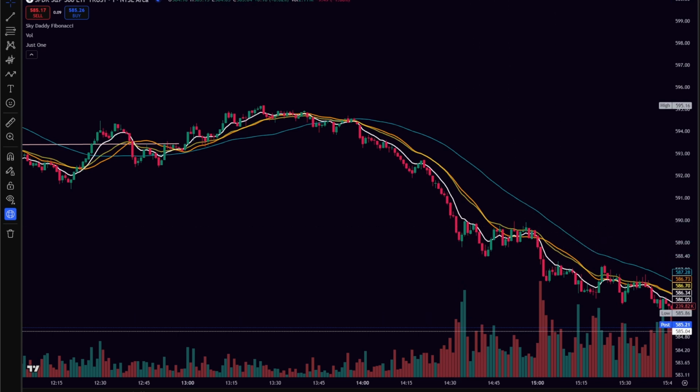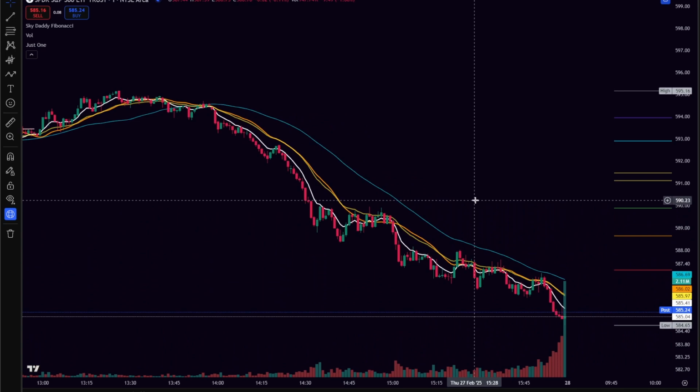EMAs are similar, but they give more weight to recent price action, which makes them more responsive to price. So when you're day trading on smaller time frames, you can use the 8 and the 21, as they represent very short-term momentum and the immediate trend on these smaller time frames.